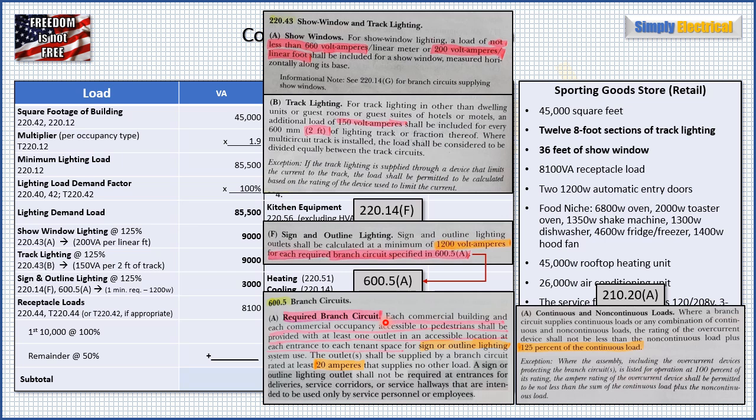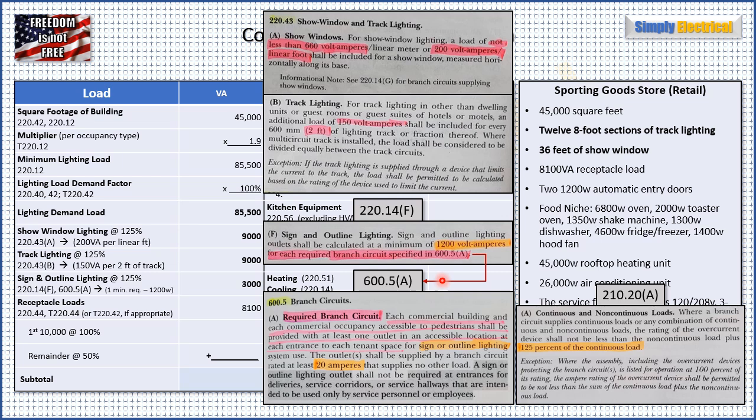So if you're taking a test and you have a commercial calculation on a test, they're going to tell you how many entrances you have to the building, or they're going to tell you how many sign outline lighting circuits you need. If they don't and they tell you you have 1 entrance, you've got to put 1. Or if they don't tell you anything about it, you've got to put 1. But if they tell you you have 2 entrances for tenants, then that's a signal that you've got to put 2.